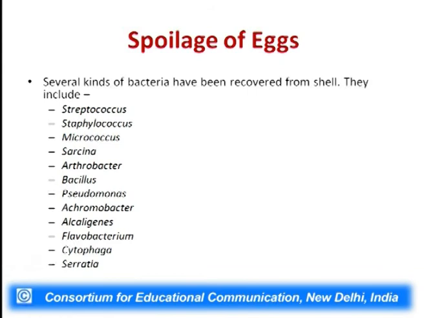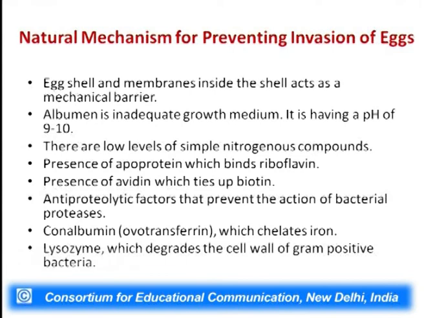Several kinds of bacteria have been recovered from the shell, and these include Streptococcus, Staphylococcus, Micrococcus, Sarcina, Arthrobacter, Bacillus, Pseudomonas, Achromobacter, Alcaligenes, Flavobacterium, Cytophaga and Serratia.